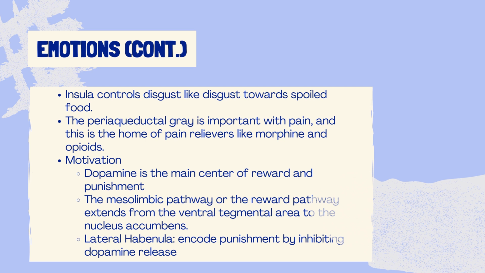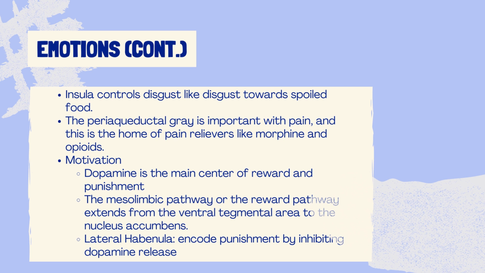Motivation is another main emotion, which isn't considered a type of emotion, but a combination of emotions like joy and surprise. Dopamine is the main center of reward and punishment, so this is where operant conditioning happens.